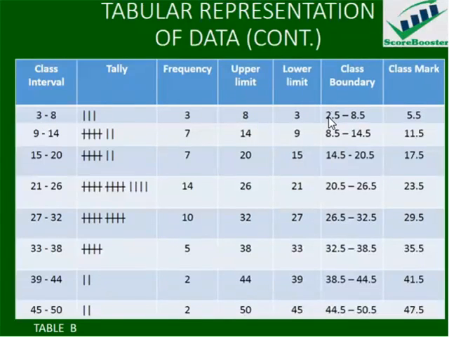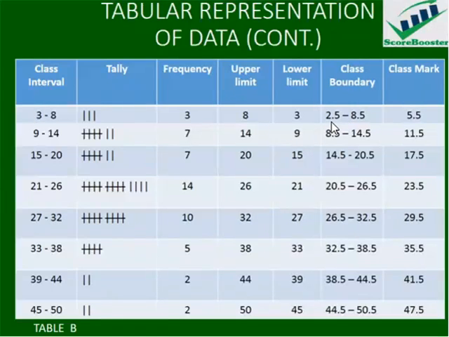So now the lower class boundary will be the lower class limit minus half multiplied by the unit of measurement. You can see that here we count in ones. That means 1 is the unit of measurement. So we have 3 minus half multiplied by 1, which is 3 minus half, which is 2.5.